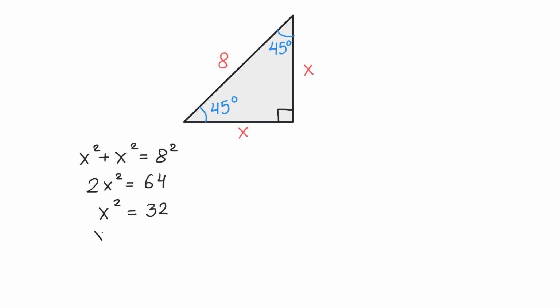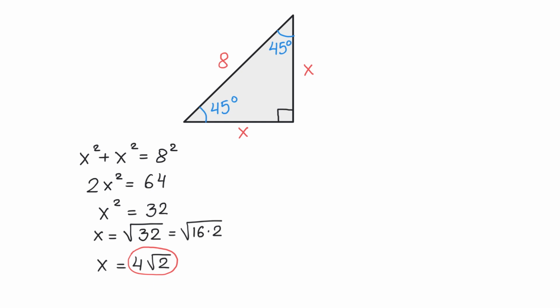Then x will be equal to square root of 32. And to simplify this radical, we will write 32 as a product of 16 and 2. Then square root of 16 is 4, and we will keep 2 inside the square root. So we just found x, and x is 4 square root of 2.